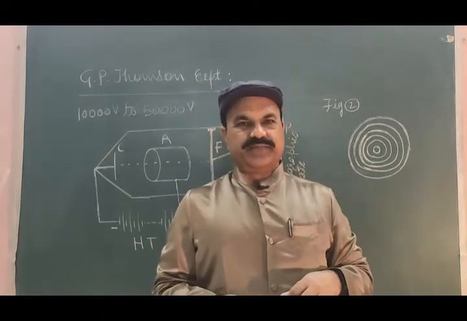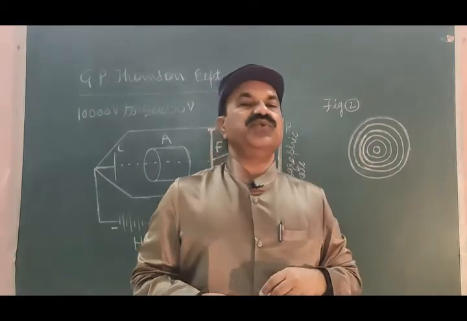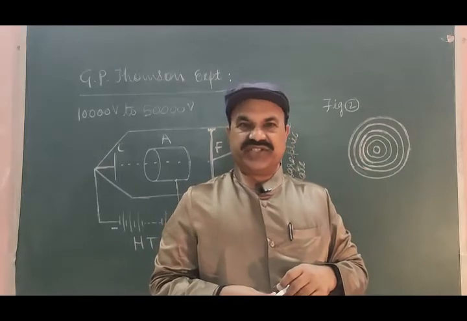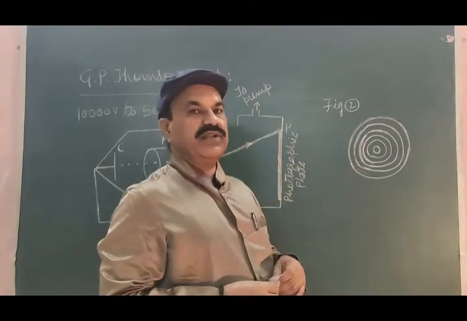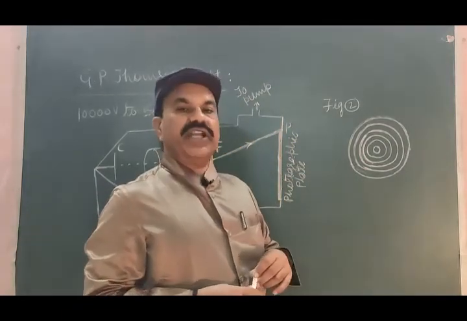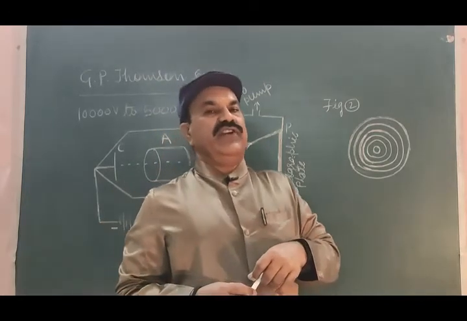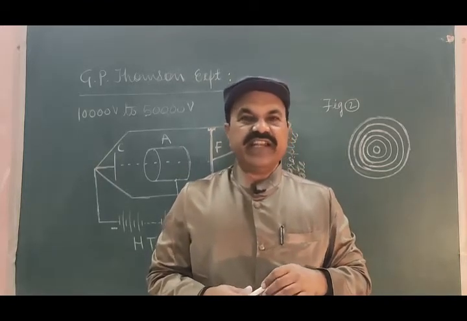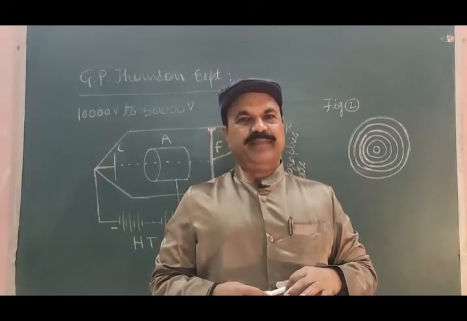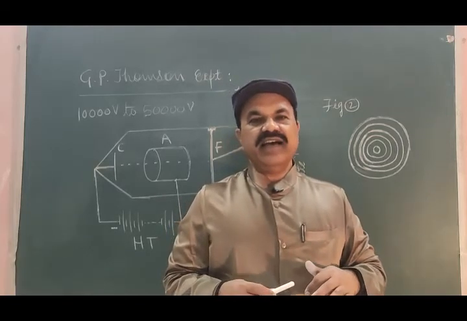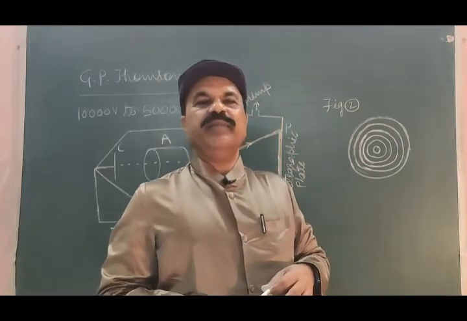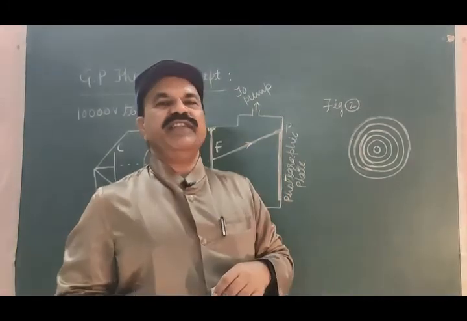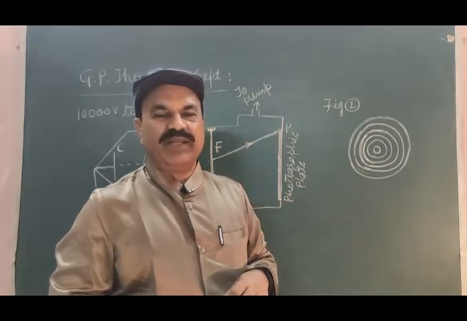But if this pattern is due to electrons, electrons have negative charge. If we bring a positive or negative electric field or magnetic field, electrons always get deviated from their path, maybe attracted or maybe repelled depending on the field used between the microfilm and the photographic plate.